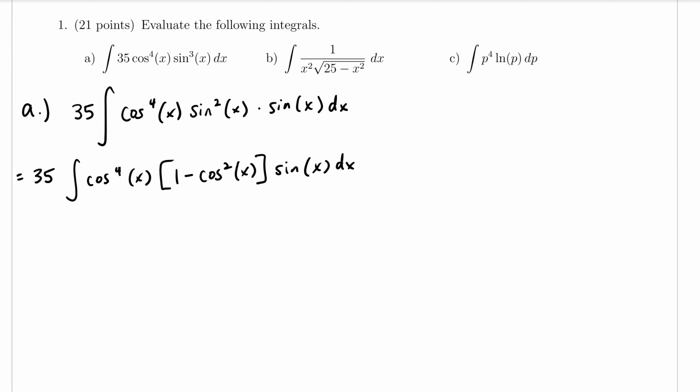From here, I'm going to go ahead and use u substitution, and I'm going to set u equal to cosine of x. And then that will make du equal to negative sine of x dx.